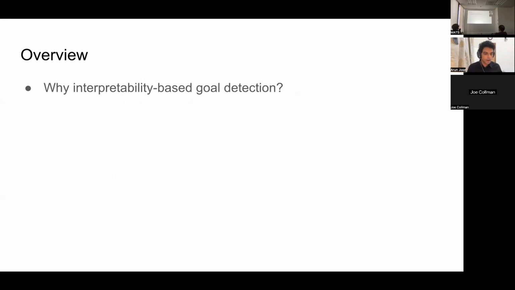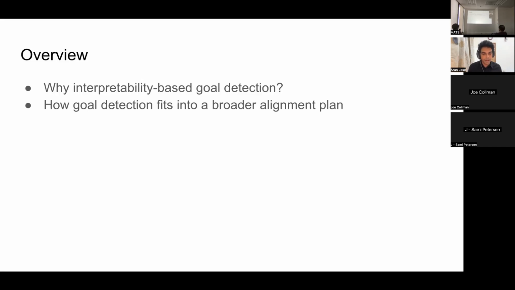So this is basically how it'll go. We'll first talk about what we mean by interpretability based goal detection in the first place, what we mean by objective identification, all of that stuff. And then how it fits into our plan, how this addresses various hard problems of alignment, how this helps us win, and how we see this panning out in the real world. Because some of this involves very conceptually messy things, we'll talk about how we actually try to go about solving this.